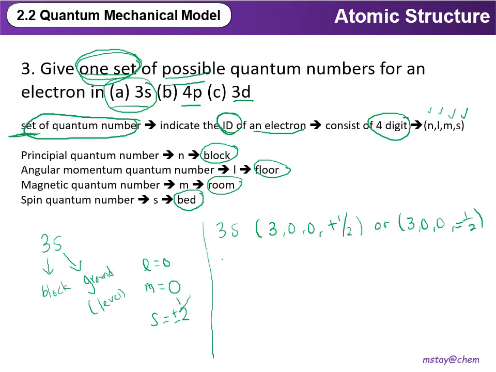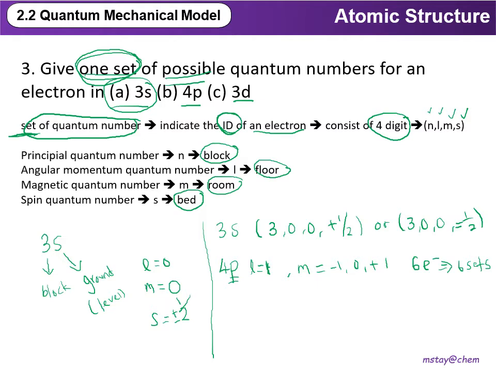Okay, 4p. When I have 4p, I know that l equals 1 for p. Then the possible m values are -1, 0, and +1. Because there are 3 rooms, altogether they can be filled with up to 6 electrons. If there are 6 electrons, we will have 6 sets of quantum numbers.